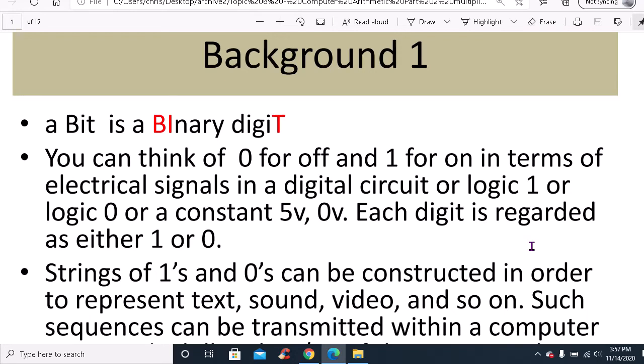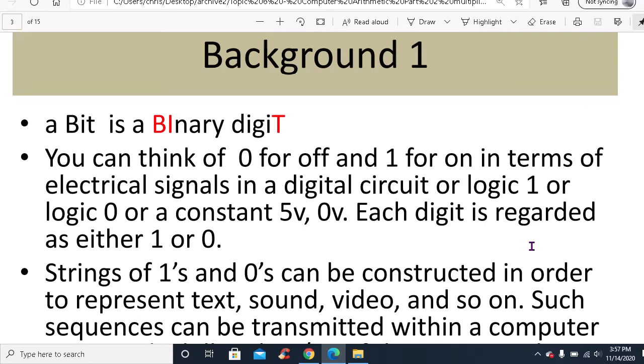Or you can think of binary digits as representing the presence of 5 volts, or the presence of 0 volts. And the point about a binary digit is that each digit is either a 1 or a 0. It can't be both, and it can't be neither.